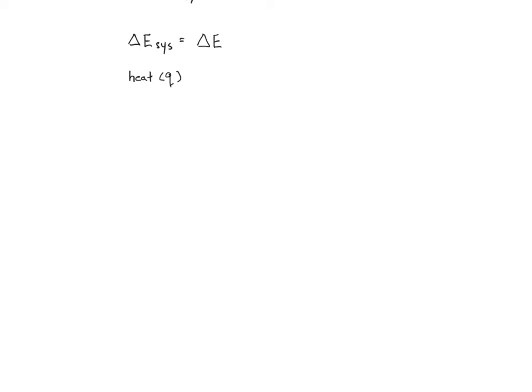Okay, so if heat is being absorbed, then the value of q is going to be positive. Okay, if heat is released, the value of q is going to be negative.